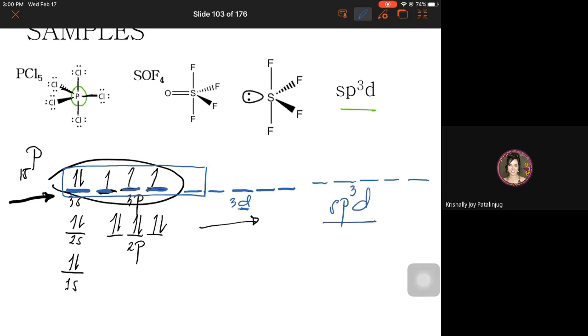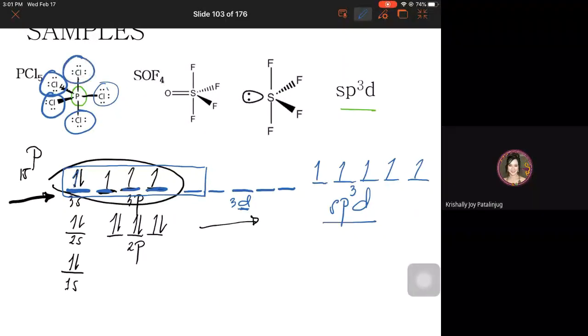Upon distributing the valence electrons of phosphorus singly, you have 5 half-filled sp3d orbitals that will overlap with each of the orbitals of chlorine. Alright?